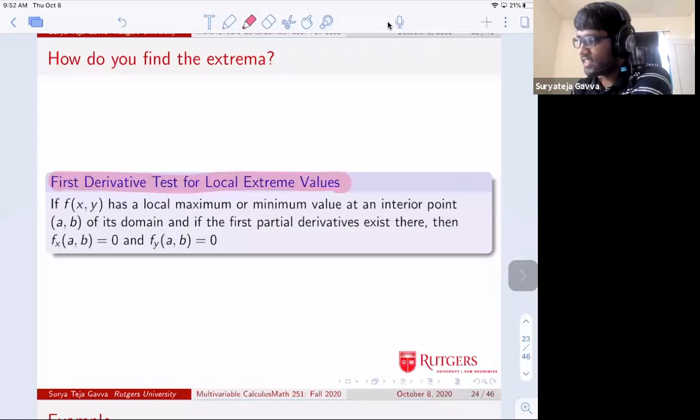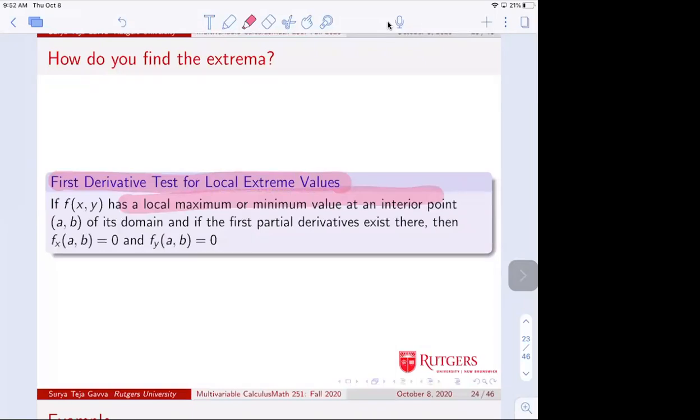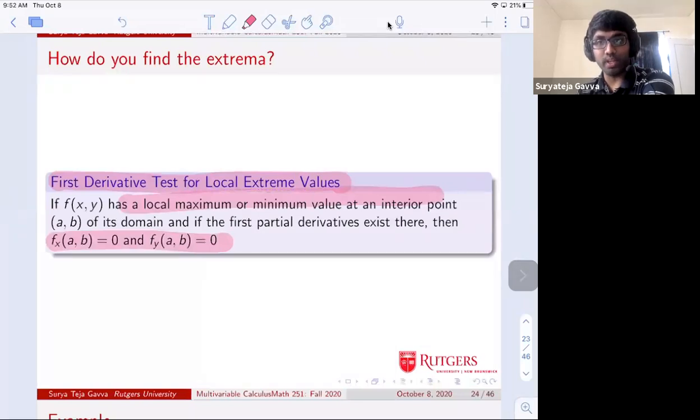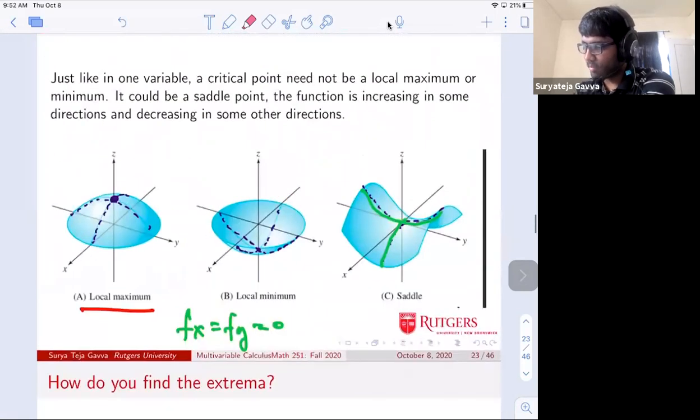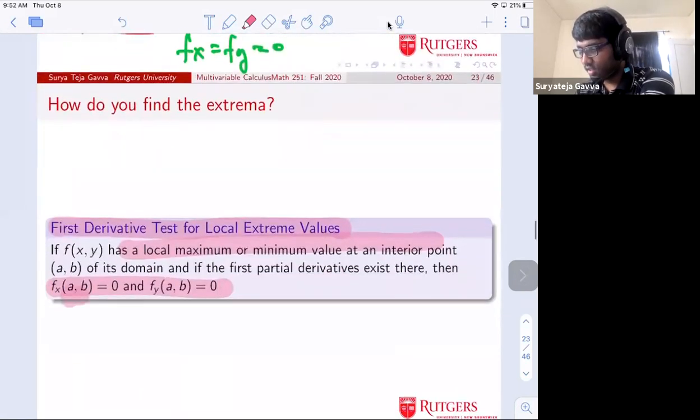The first derivative test says that if the function has derivatives, that means it has no sharp edges, then the derivatives should be 0 for it to be a max. What it's saying is that at a max or a min, if the derivatives exist, then the derivatives will be 0.